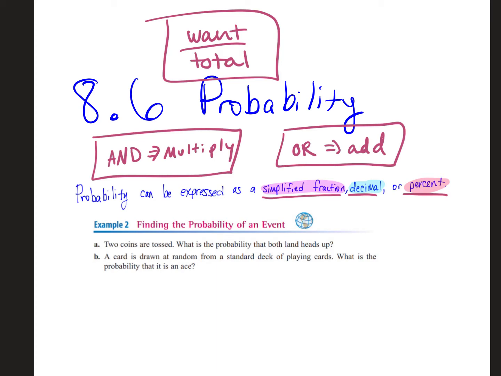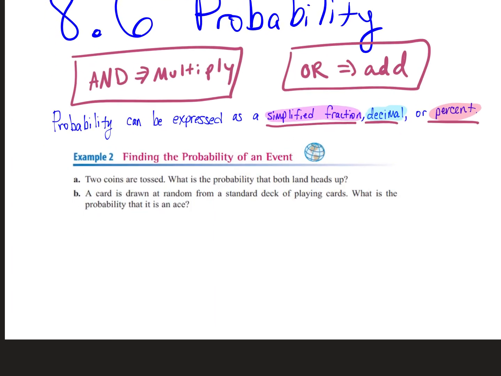So let's look at example 2. 2a. Two coins are tossed. What is the probability that they both land heads up? So we're tossing two coins. What are our two possibilities that we have when flipping a coin?